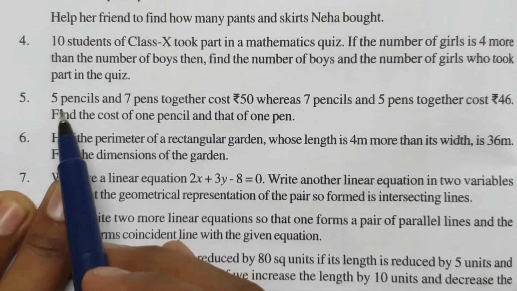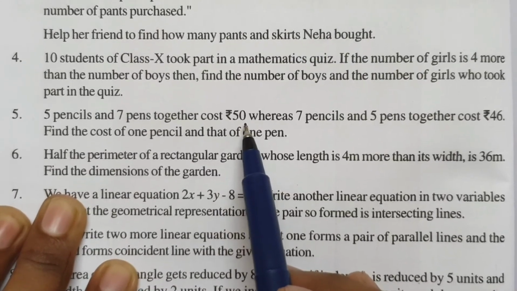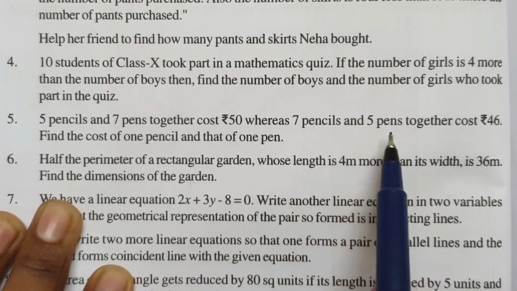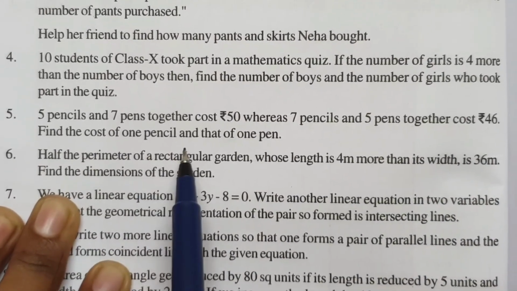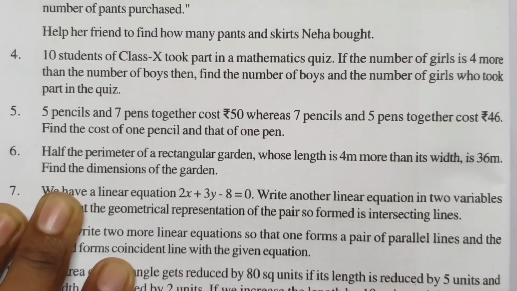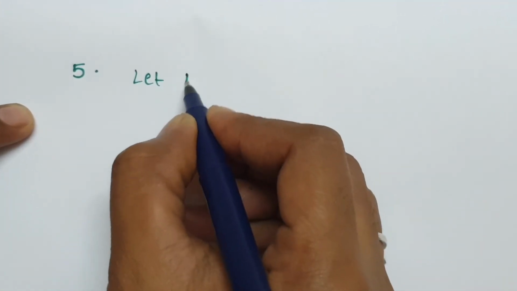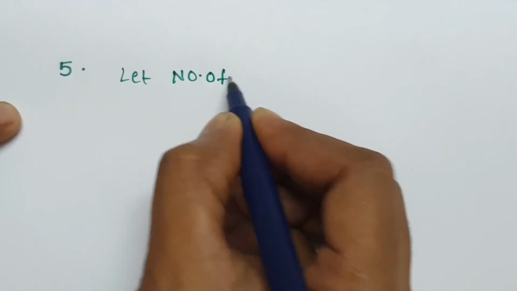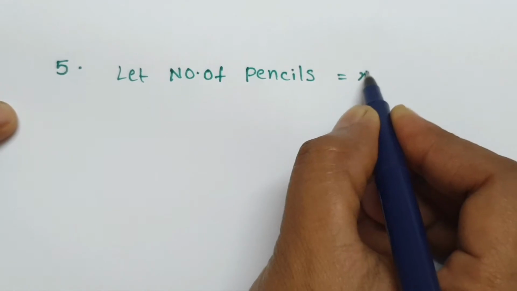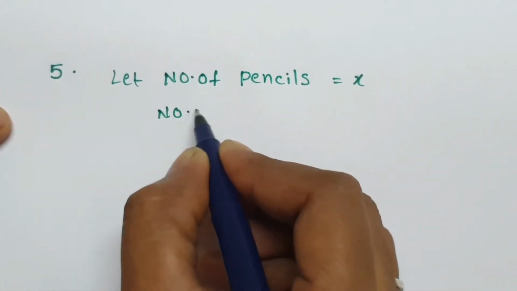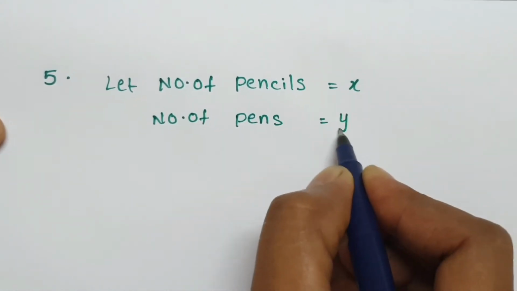Fifth question. 5 pencils and 7 pens together cost 50 rupees. In that, 7 pencils and 5 pens together cost 46. Find the cost of 1 pencil and 1 pen. Answer. Let the number of pencils equal x, the number of pens equal y.